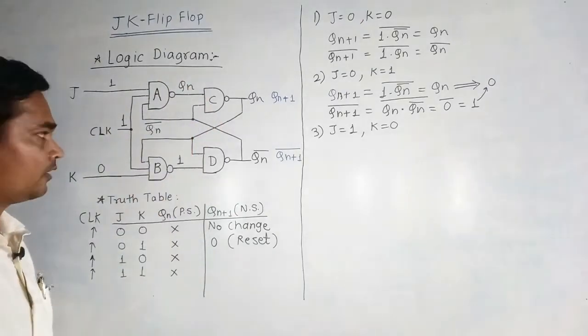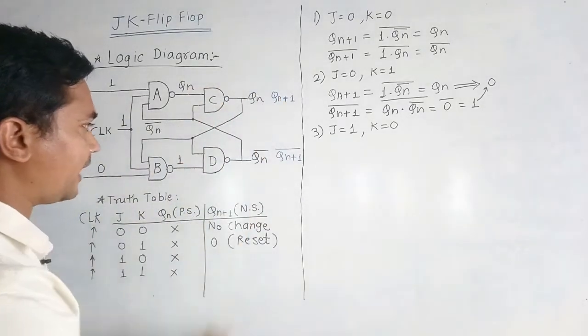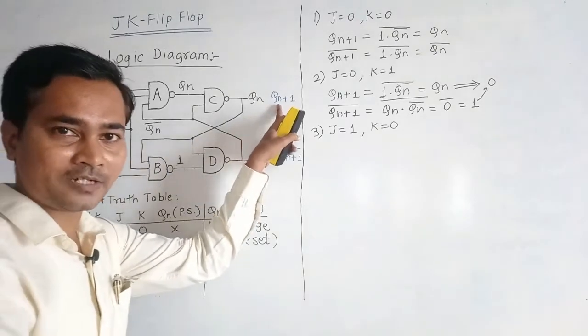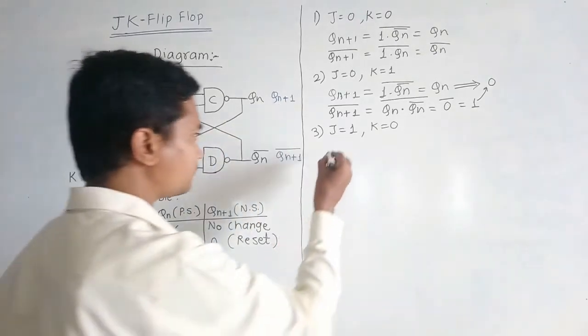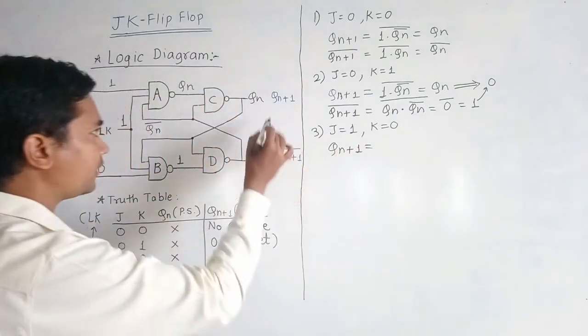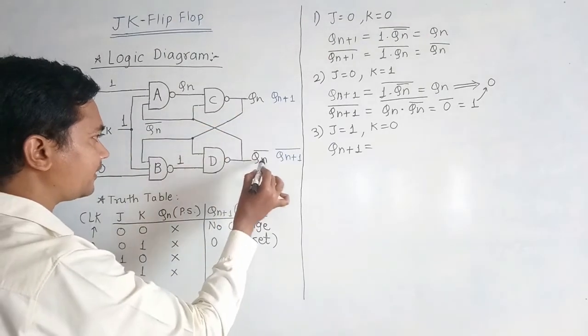Now from this Qn and 1 we can obtain Qn plus 1 and Qn plus 1 bar. Our interest is in Qn plus 1, right? So Qn plus 1 is equal to what? Qn plus 1 will be Qn dot this signal, that is Qn bar.